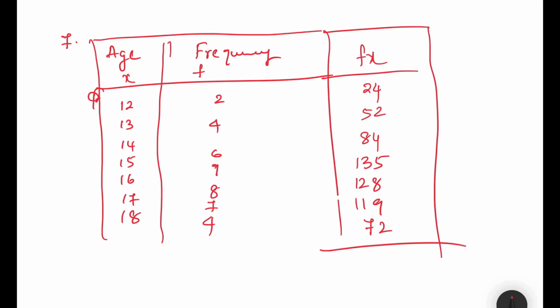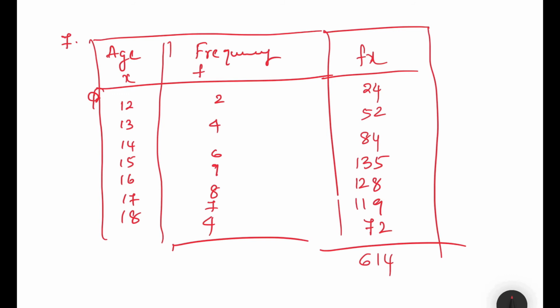So sigma fx you need to find out. How will you find it out? Let us add all this. 24 plus 52 plus 84 plus 135 plus 128 plus 119 plus 72 is equal to 614. Similarly, frequencies also I should add. What do I get when I add the frequencies?